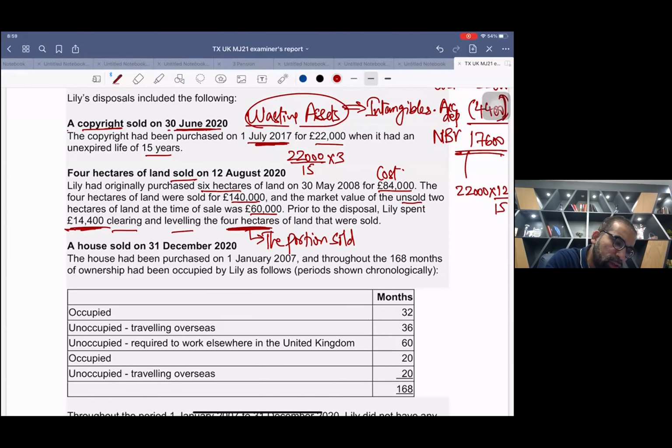This original cost we need to apportion. So kindly get me the allowable cost of this transaction, or you can calculate the gain also, for that 4 hectares event. I'm giving you 2 minutes.